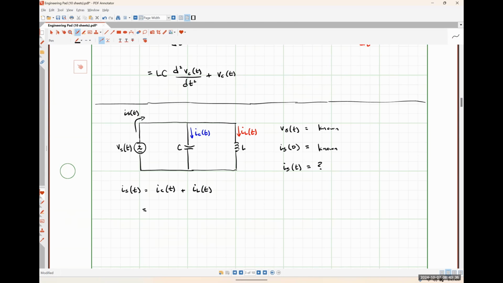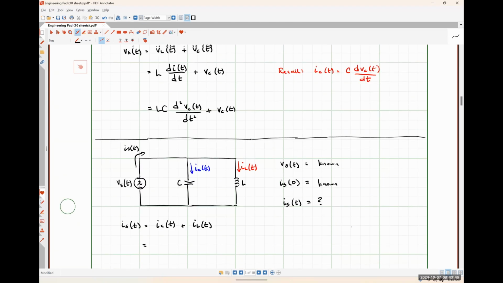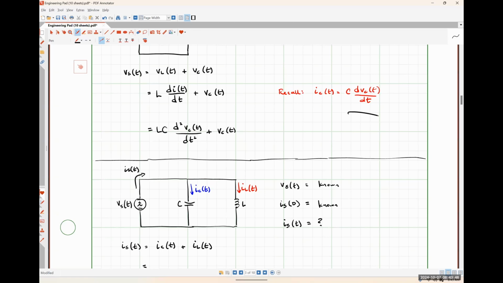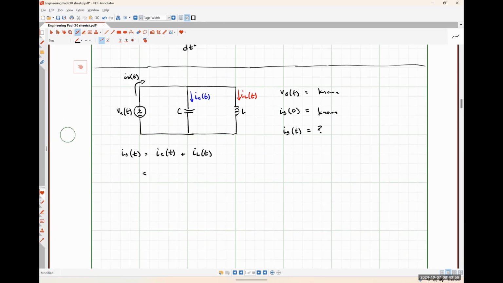So how do we get IC of t if we know what the voltage drop across the capacitor is? We did it right here, right? IC is just C times, in this case, the derivative of the source voltage with respect to time. So we would have C dVs by dt.